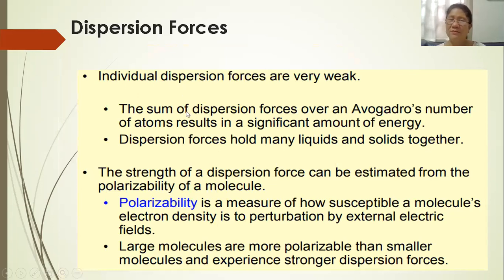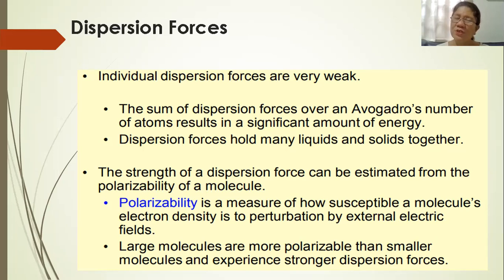Why are they weak? Because the sum of dispersion force over Avogadro's number of atoms is significant, resulting in a significant amount of energy. Dispersion force holds many liquids and solids together. That makes them weak.